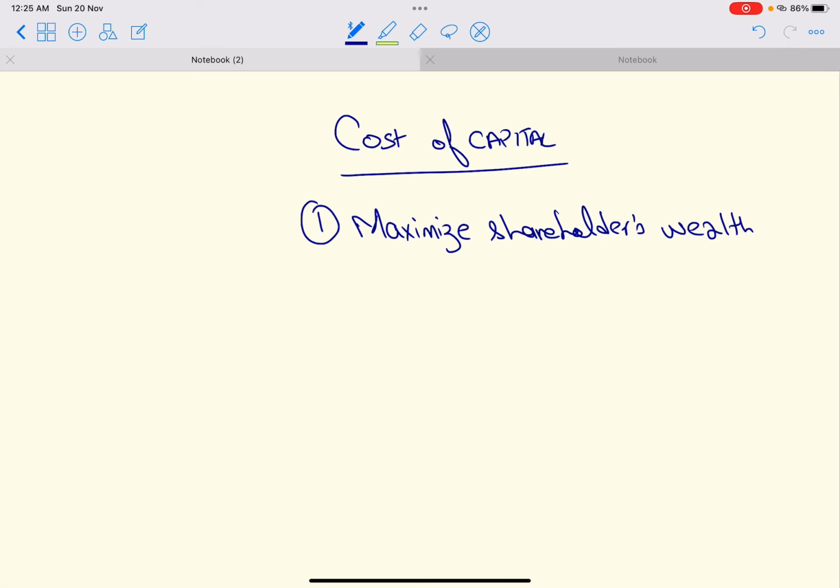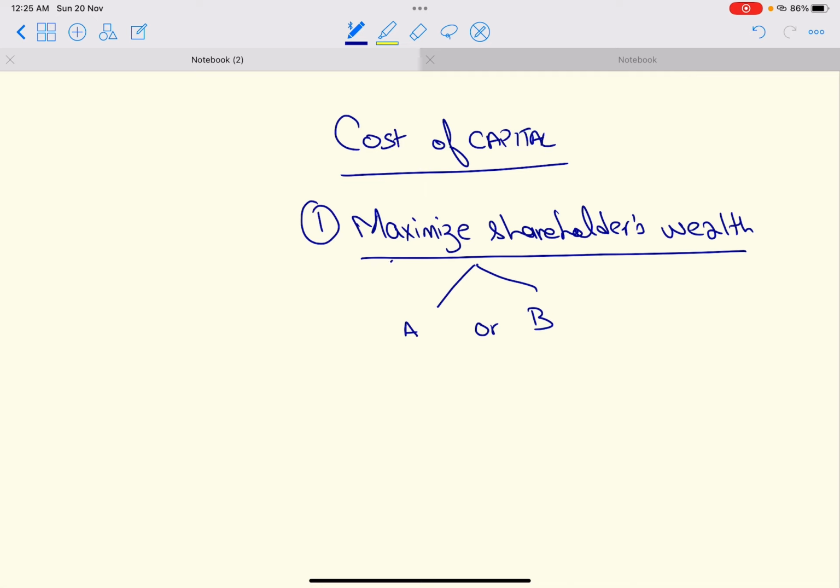I have taken or the projects I'm going to choose are actually going to help in maximization of shareholders' wealth? So if I choose project A, if I choose project B, or if I choose one of each or both of them, how would I know that they are contributing to the original goal of maximization of shareholders' wealth?